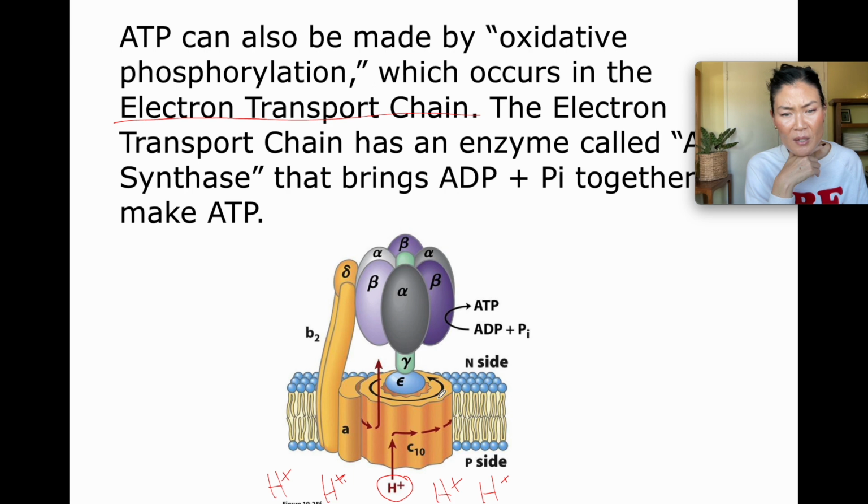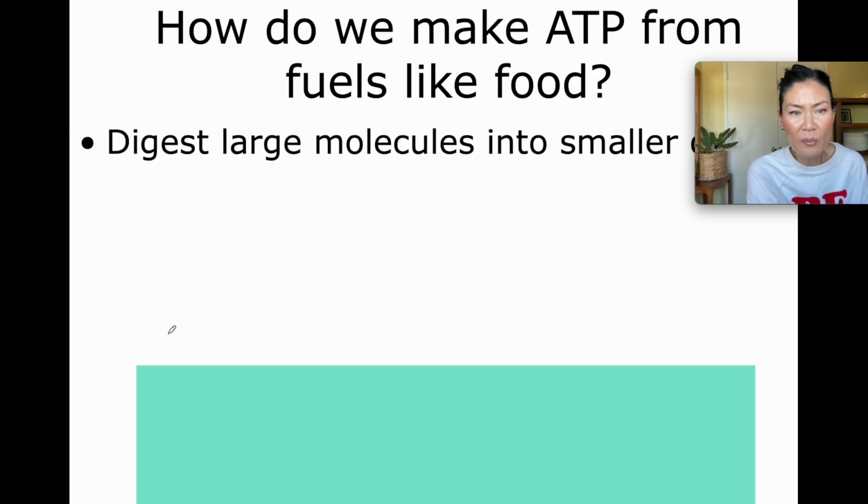It's interesting because it's an enzyme that has the C10 subunit of the protein that rotates. It's like a rotor. As the H plus moves through it, it causes this subunit to rotate. And as it rotates, it causes the other subunits to rotate as well, which bring ADP and inorganic phosphate together and generate ATP. It's an amazing enzyme. We'll talk more about ATP synthase later.